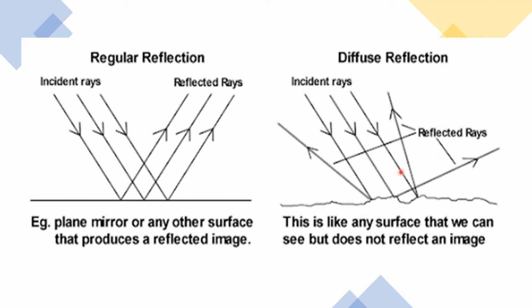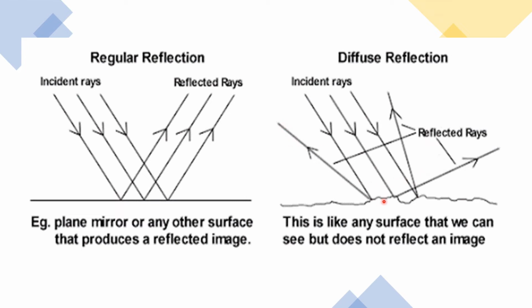So we come to this irregular reflection or diffuse reflection. Here the surface is very rough. So these are the incident rays. Arrow marks indicate the direction of incident rays and they are reflecting in different directions. So these are the reflected rays, not parallel after reflection.